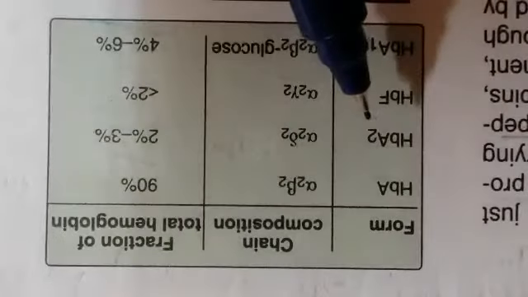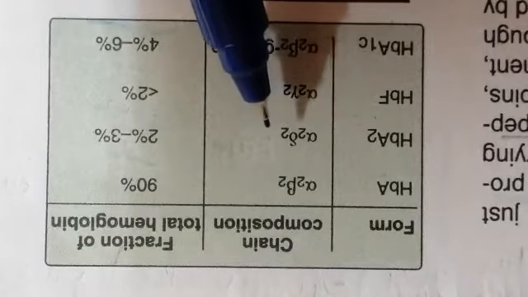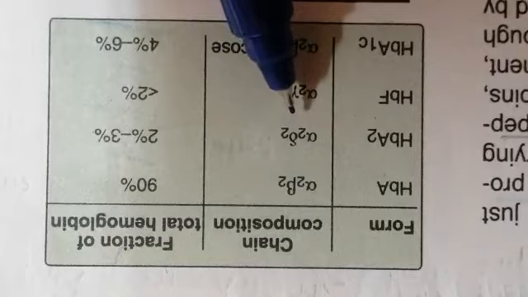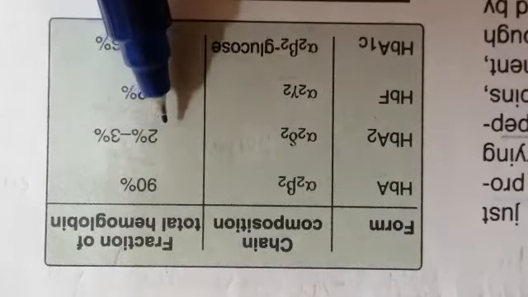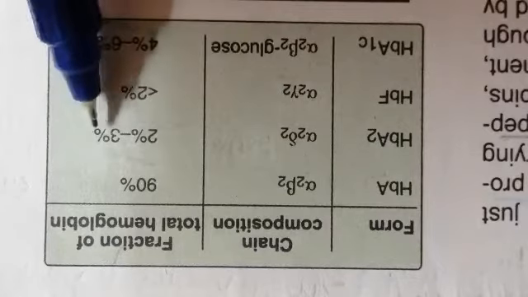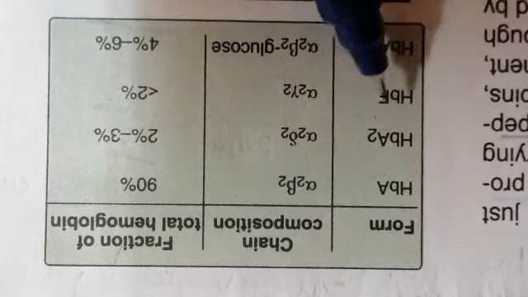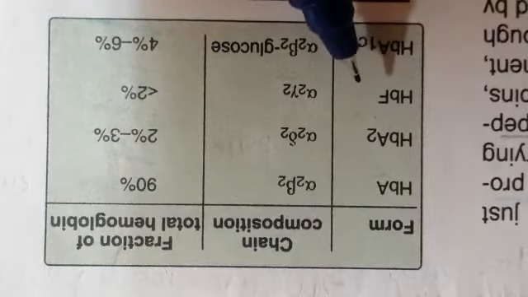Then hemoglobin A2, which has the chain composition alpha 2 and delta 2. These two chains combine with hydrophobic interactions to form hemoglobin A2, and the concentration of hemoglobin A2 in the adult individual is about 2 to 3%. Then hemoglobin F. Hemoglobin F is the fetal hemoglobin because it is present mostly in the fetus.